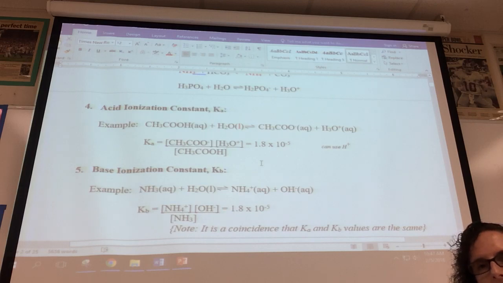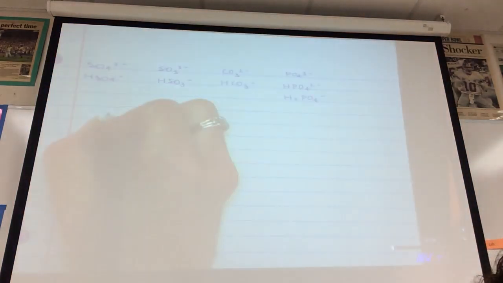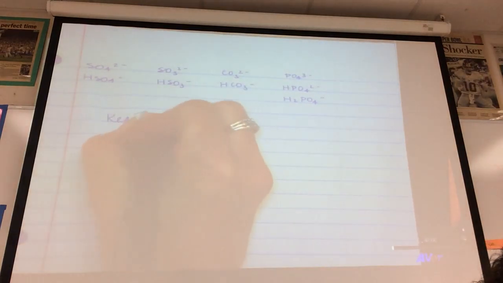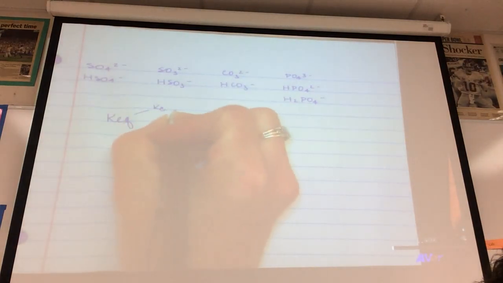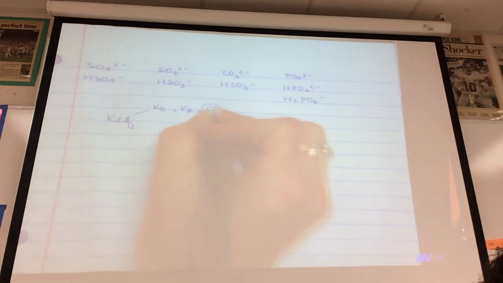How do you know it's 1.8 times 10 to the negative 5? That would be given. What's the difference between that and KP? Not KP, KC. Right, that was exactly what I was going to say. Good question. With KEQ, in the previous chapter, we talked about KC, KP, and we also mentioned Q, but Q is not at equilibrium.